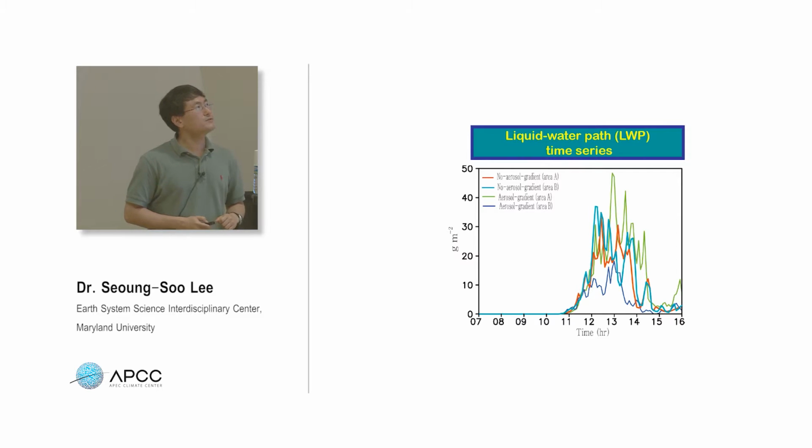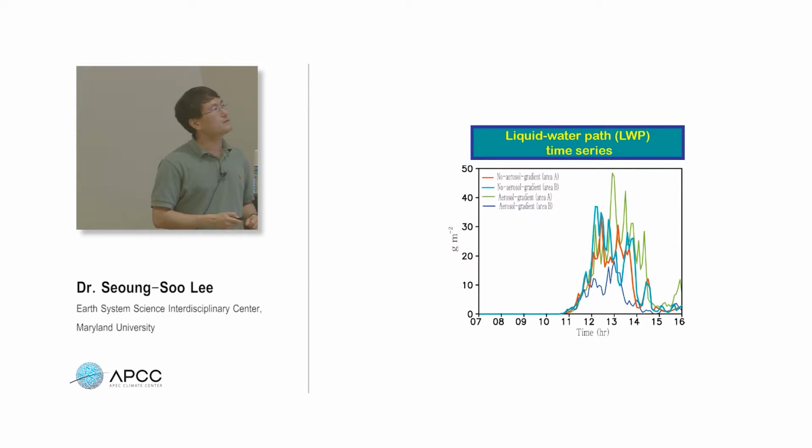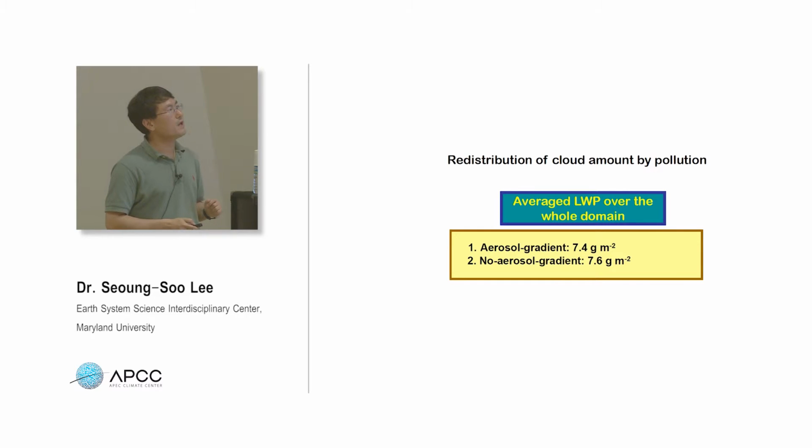All right, so let me first show you the simulated time series of domain average liquid water path, LWP. In no aerosol gradient, as you can see from comparison between thick lines, there's almost negligible difference in the evolution of LWP between area A and area B. However, in aerosol gradient, there's about 2 times larger LWP developing in area A than in area B. These numbers are the average LWP over the whole domain, including both area A and area B, and over the whole simulation period.